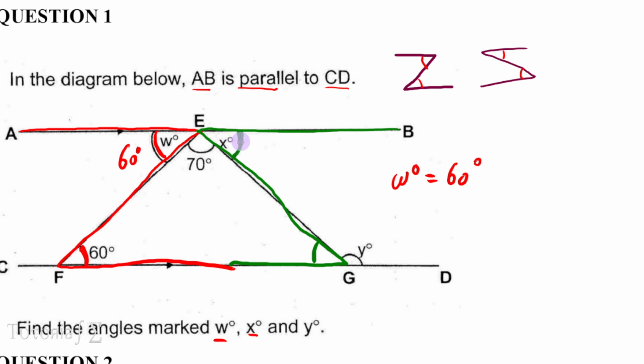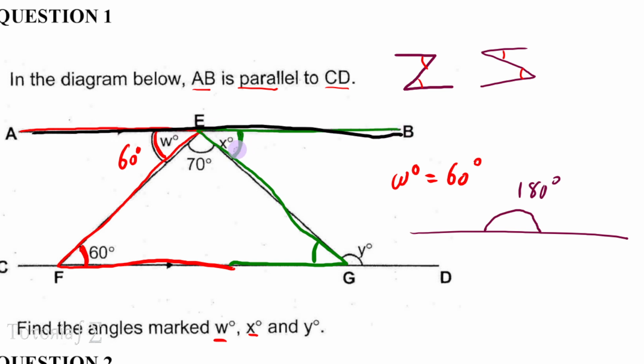Okay. Another thing that you should note is that when you have a straight line, the angle of a straight line is 180 degrees. So whenever you have a straight line, the angle of the straight line is 180 degrees. And here we notice that we have a straight line here, and we just have one missing link here.